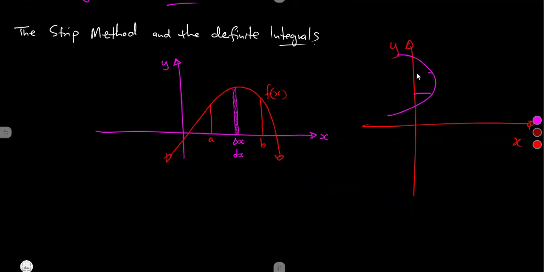Let's say you've got our limits, in this case C and D, but the strip, because the limits are for Y, means the representative strip that we have is for Y like this. So it means we're going to integrate with respect to Y. So if the limits are for X, the strip is for X, it means the area can be calculated from there.